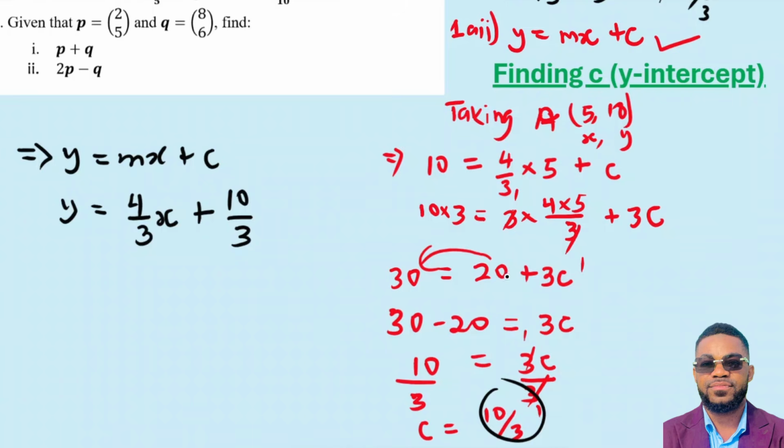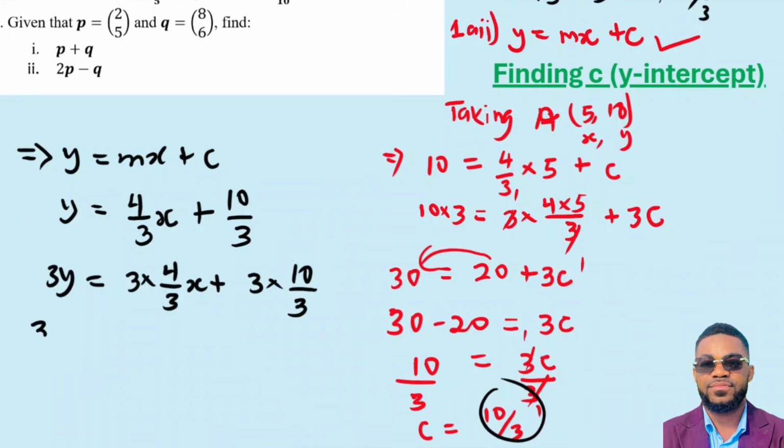But if we want to break this down further, we can just multiply through by the LCM, which is 3. So that's going to be 3y = 3 times 4/3 x plus 3 times 10/3.